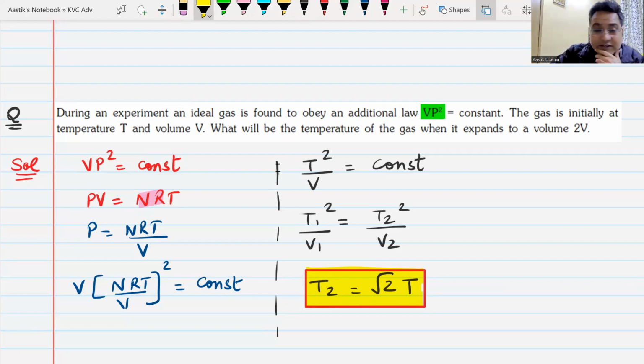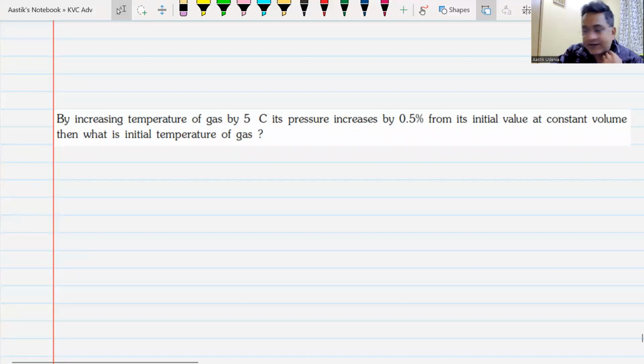Have you noted it down? Comes the next question, the last question in this category, and then we'll move ahead. By increasing the temperature of a gas by 5 degrees Celsius, its pressure increases by 0.5% from its initial value.